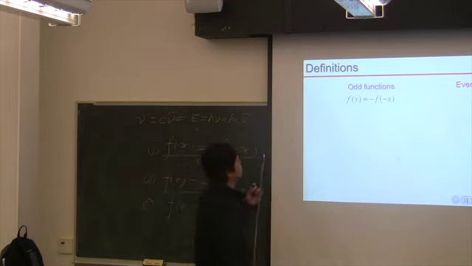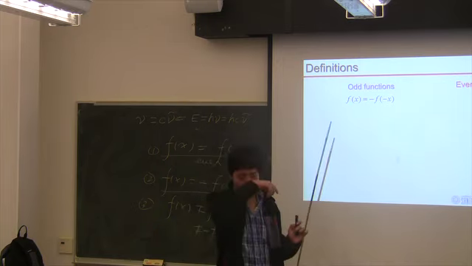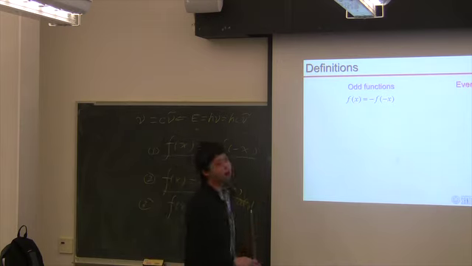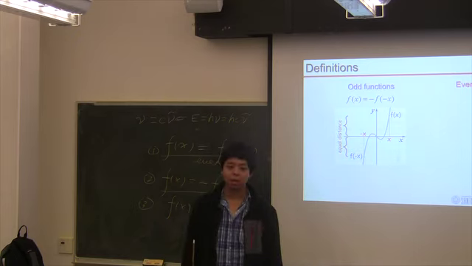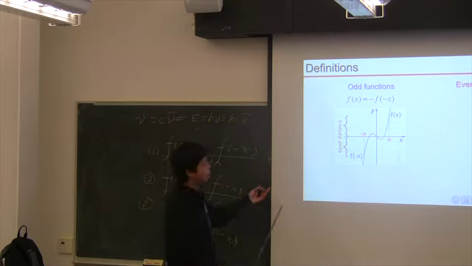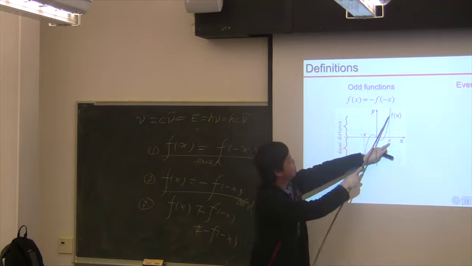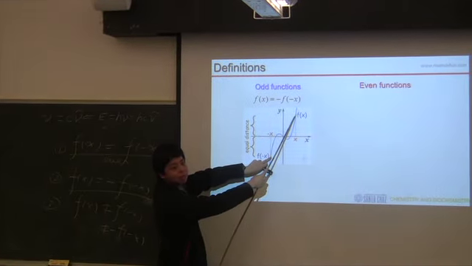Okay, so odd function: if you change the sign of x, it will give you another negative sign out. That means it's an odd function. And if you plot it, it's like that. Based on the figure you will see, if we choose f(x), and we change the sign of x to negative x, we get f(-x).